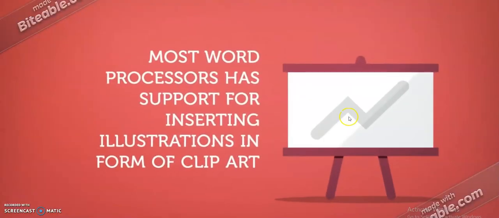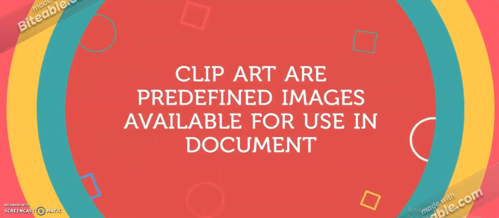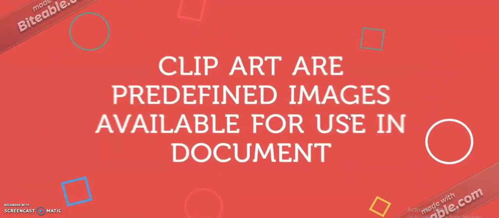Most word processors have support for inserting illustrations in the form of clip arts, shapes, pictures, charts, etc. Clip art can help in making a document look colorful and presentable. Clip arts are predefined images available for use in documents.